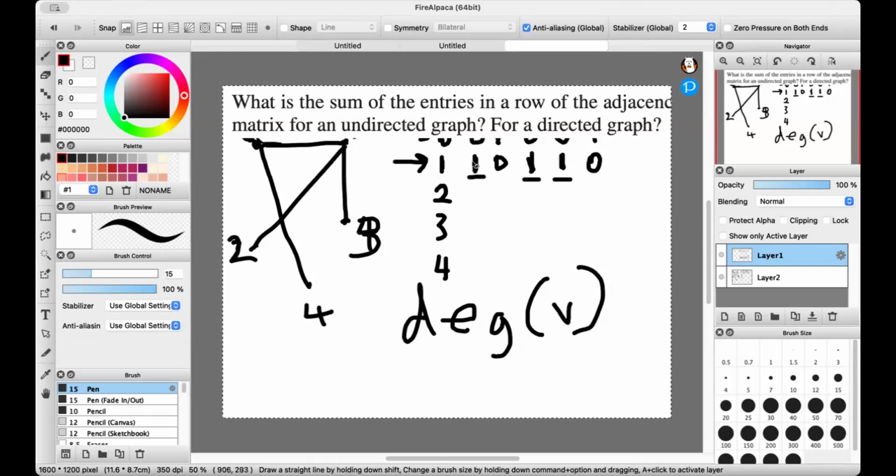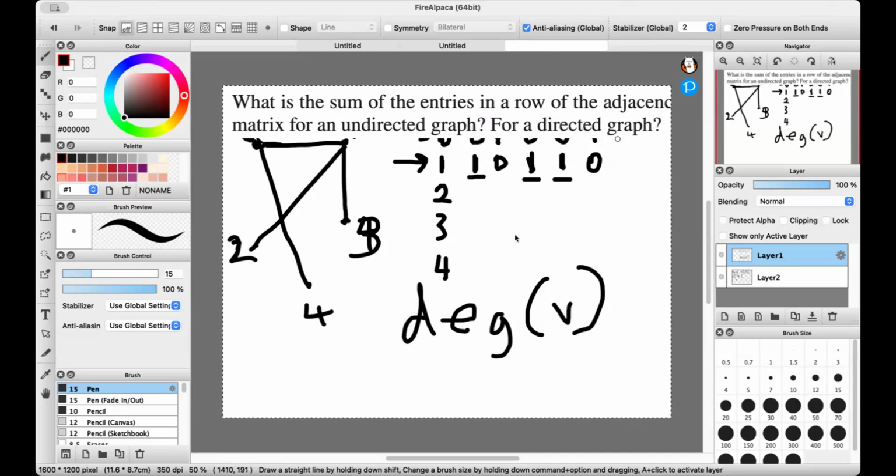Because it's basically counting the number of edges that connect this vertex to another vertex. So it's like counting the degree of the vertex. This is for undirected graphs, but this question is asking it very generally. So the general answer is that the sum is equal to the degree of that vertex.